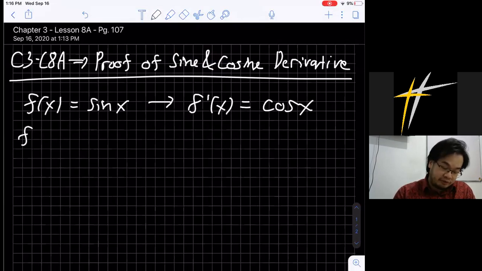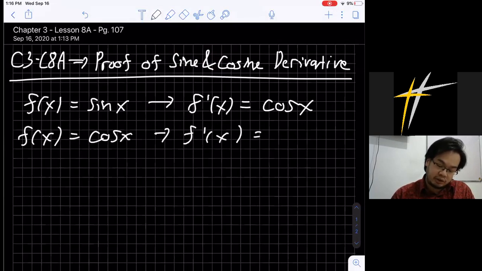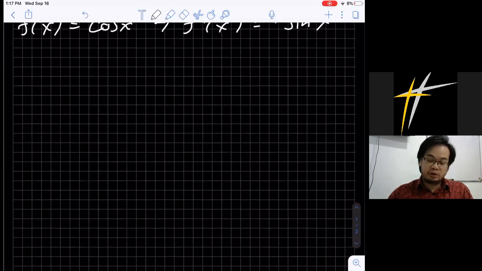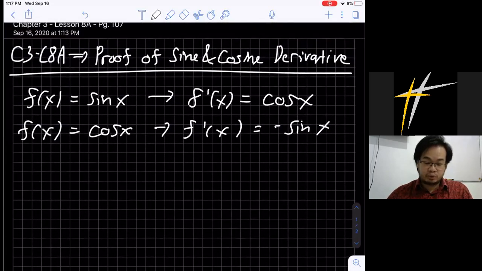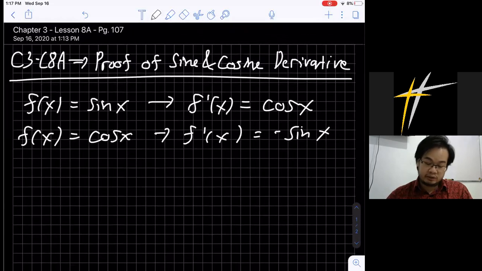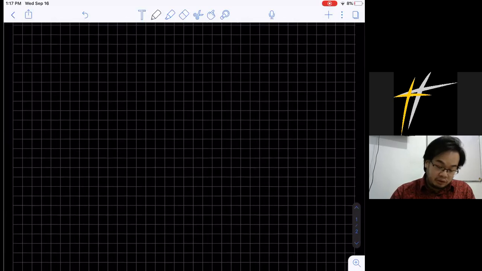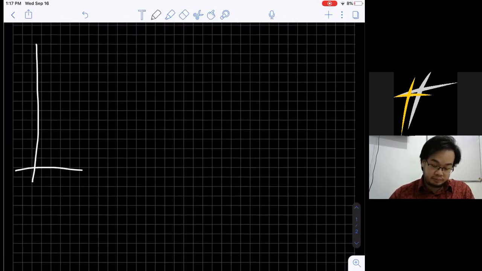And to prove that if f(x) equals cosine x, then the derivative of cosine x is equal to negative sine x. So the objective of today's lesson is to prove the derivative of the sine and cosine functions. Okay. So the proving is quite long, so I need you to pay attention and concentrate on this. Okay. So let's begin with this one.